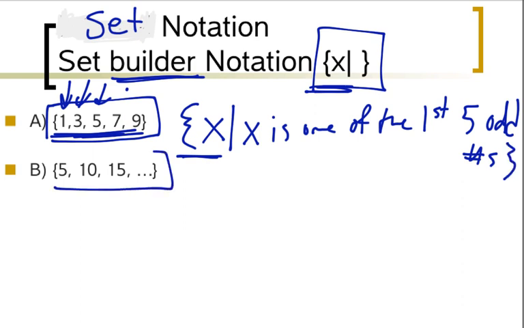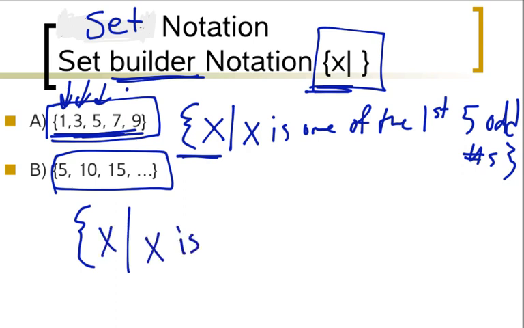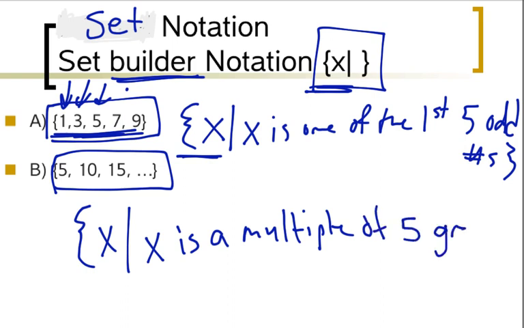The second set, it's saying I go from 5 to 10 to 15, so I'm looking at the multiples of 5. So what I want to say here is I start off with x such that x is a multiple of 5 greater than or equal to 5.